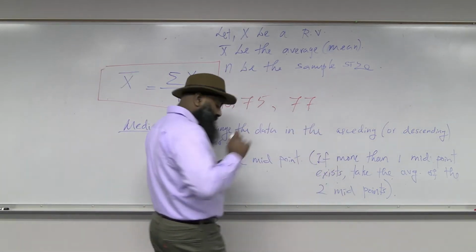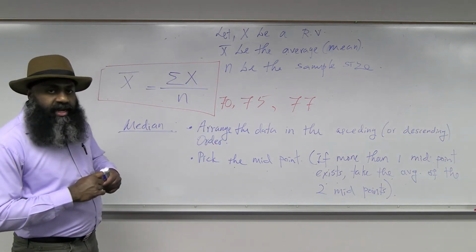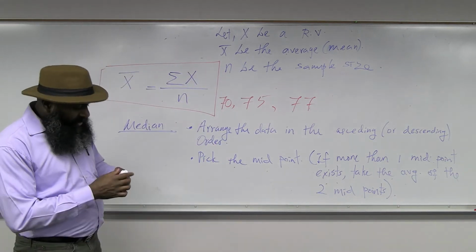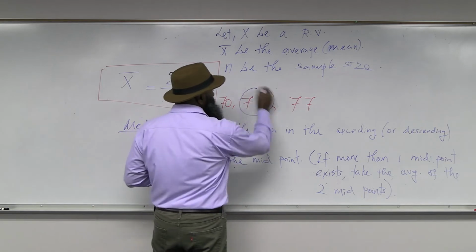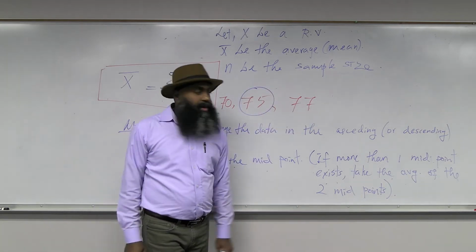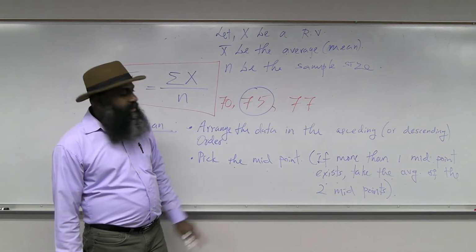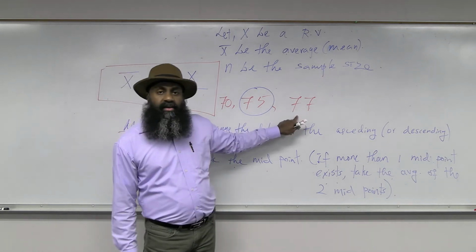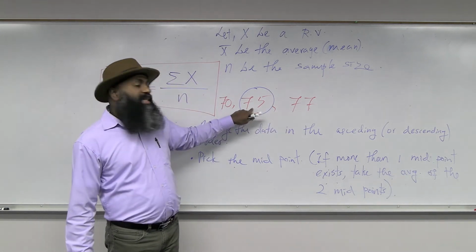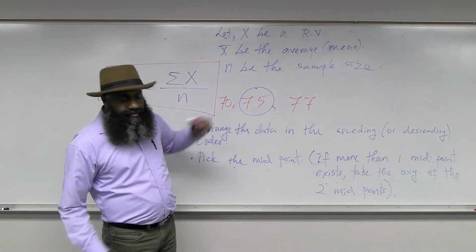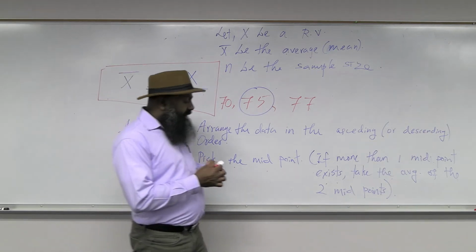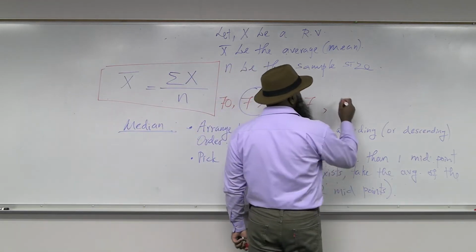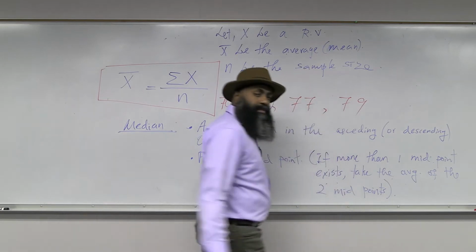Well, not yet. Now, if I need to calculate the median now, the median is this one. Arranged in increasing order, pick the midpoint. To the left, I have one data point. To the right, I have one data point. Therefore, 75 is the median. And let's say I picked another temperature reading, and it was found to be 79.